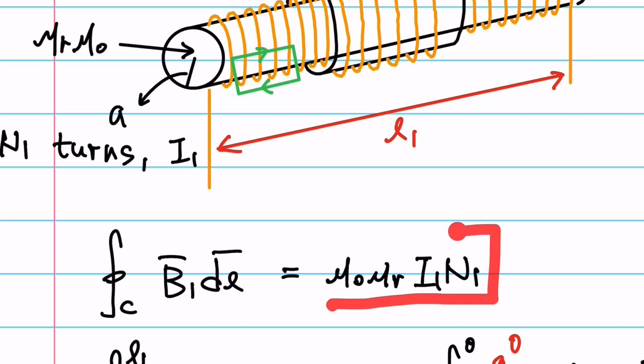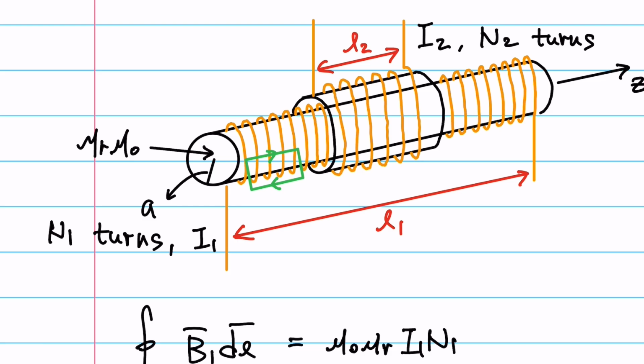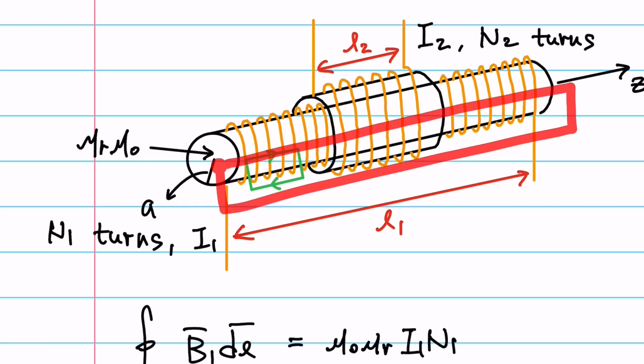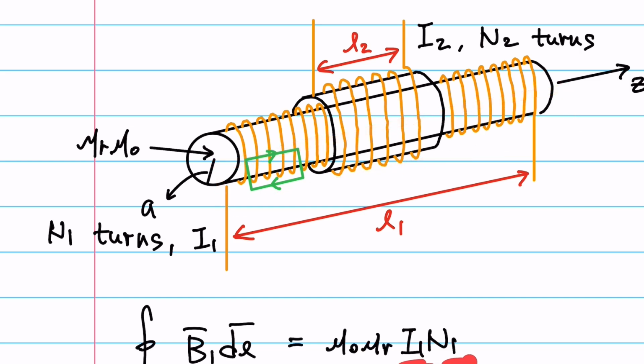So that contour will enclose current number 1 in the amount of N1. Let's say there are N1 turns total. So if you apply this green box around like this, then you know that the total amount of current is N1 times I1. And because of the mu r of this core material, you have to put the mu r value there.